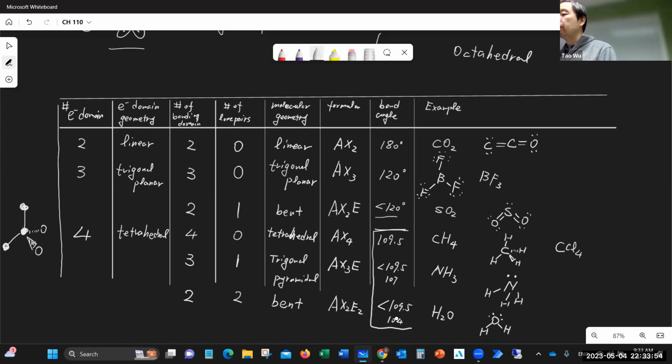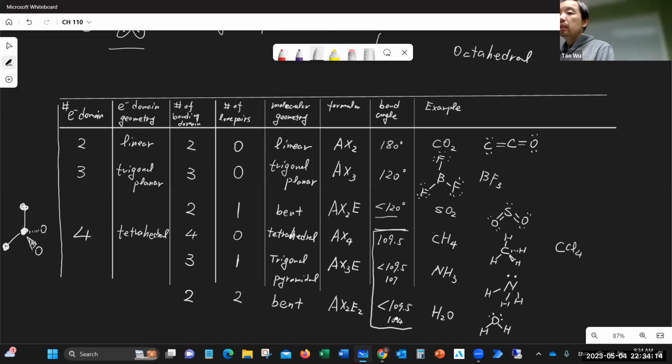This is pretty much the variations. The bond angle is one of the most popular cases to be tested. The more lone pairs, the smaller the bond angle will be.